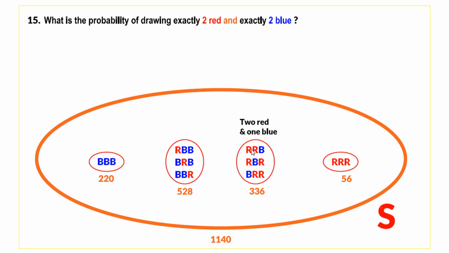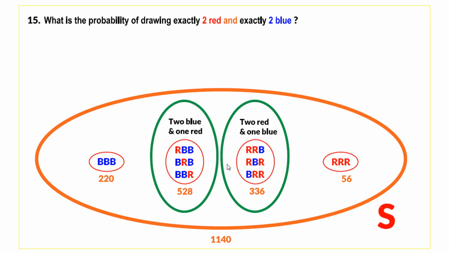So this is the event of picking up 2 red, and this is the event of picking up 2 blue, and we notice that their intersection is a null set. So the event of 2 red and 2 blue means the intersection of the event 2 red and 2 blue, and their intersection is a null set, so there is no mutual element between them, and that means the probability is 0.